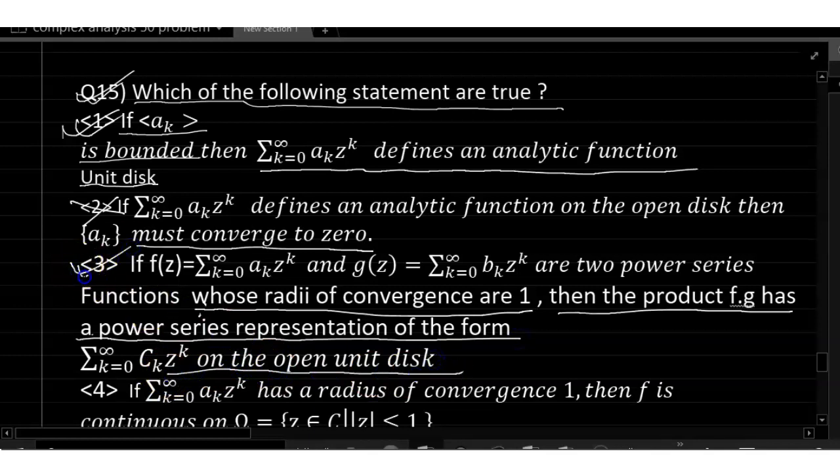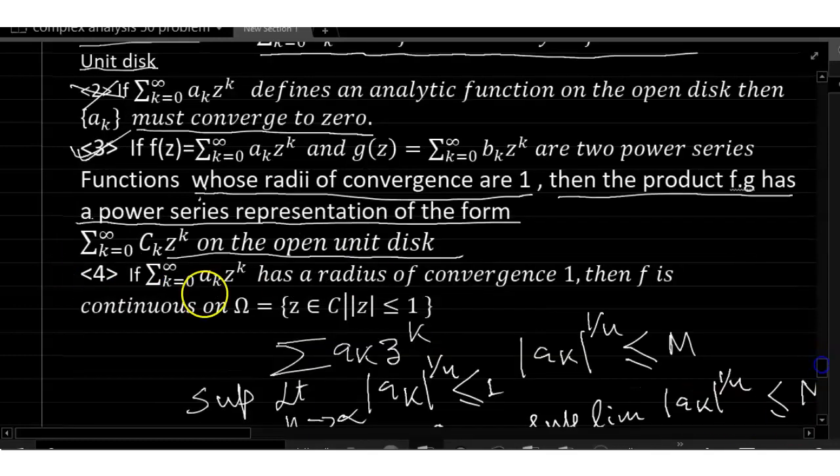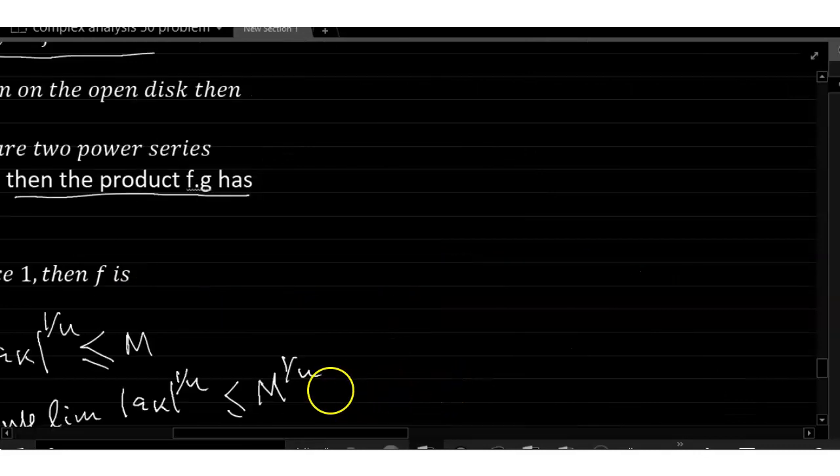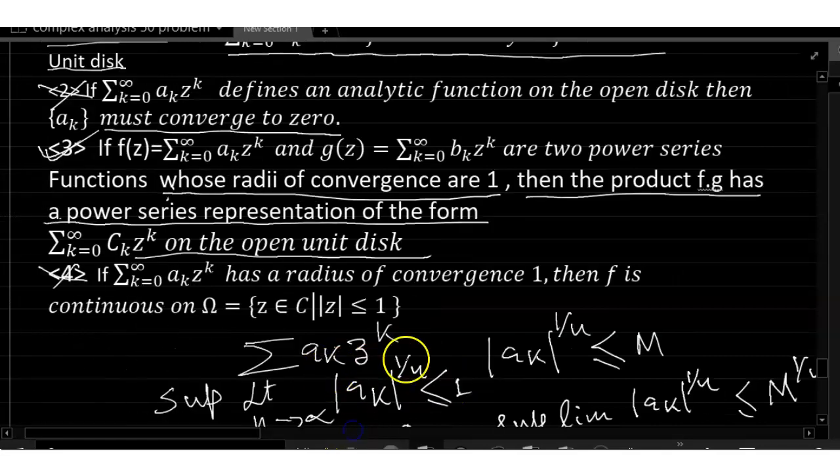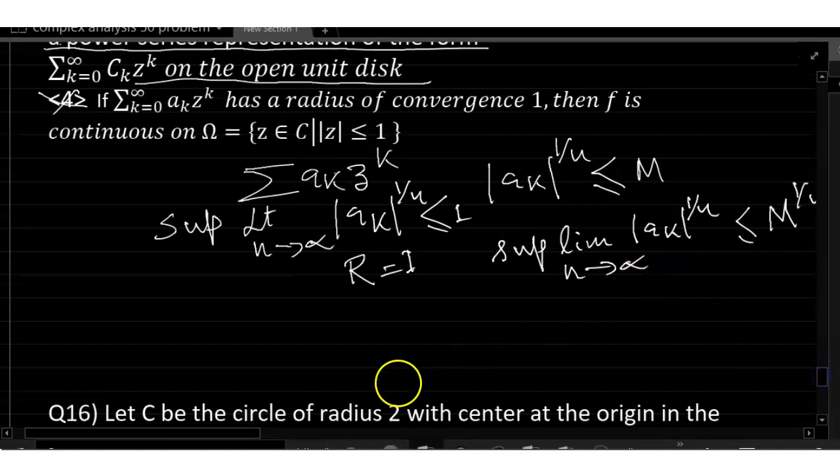Number 4, if f has a radius of convergence 1, then f is continuous on this. This is the proof that if ak is bounded, then limit n tends to infinity, r equals 1. The open disk is when it is 1.